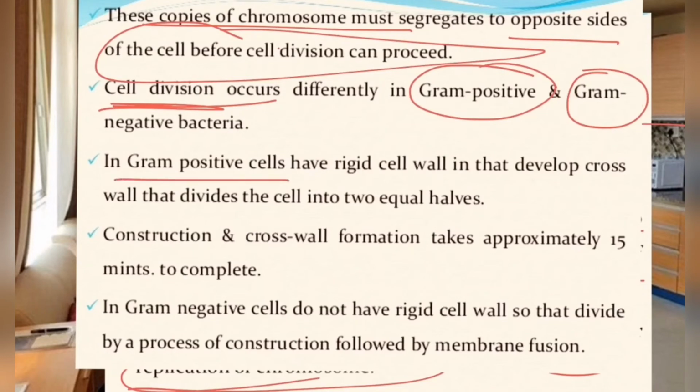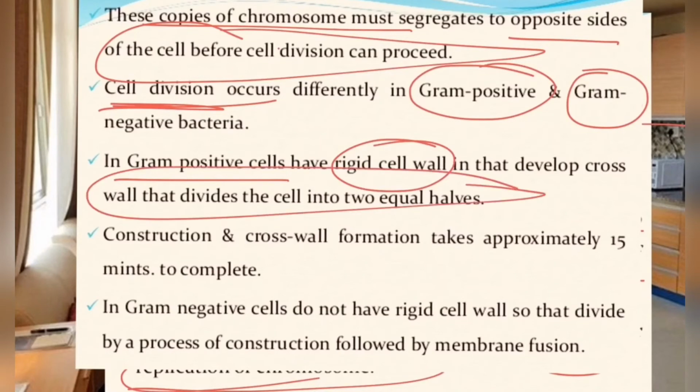Gram positive cells have rigid cell walls because of the presence of teichoic acid and other biochemicals that make the cells tight and rigid, as compared to gram negative cells, where the lipid concentration is higher than in gram positive. So their cell division also differs from gram positive to gram negative.